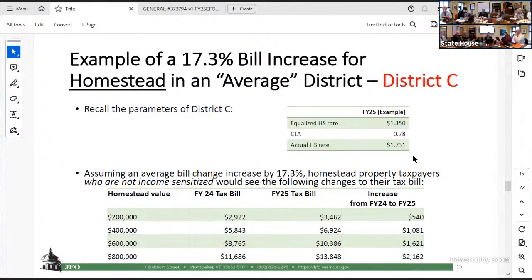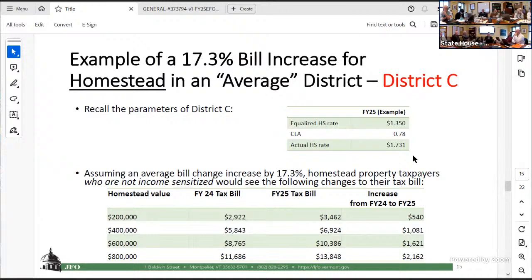So all of the examples here are a 17.3% average bill increase because that was what was in the E-Board. Preliminary modeling with respect to the governor's recommended budget likely will once again go up from the 17.3, probably closer to the December 1 projections, but I haven't finished that modeling yet.